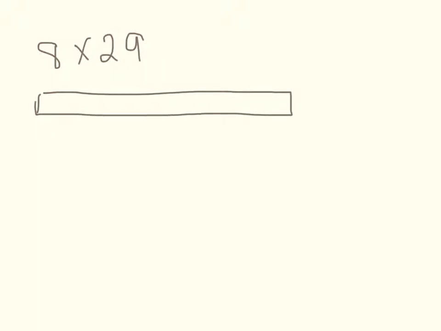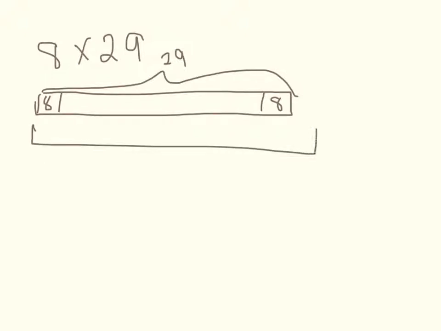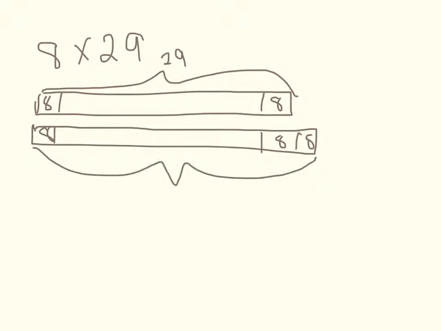How about if I say 8 times 29? Again, I can draw my tape to show 29 eighths. And then I'm going to actually solve for 30, because I can do 30 in my head, and I know that it's 24 tens, so 240.